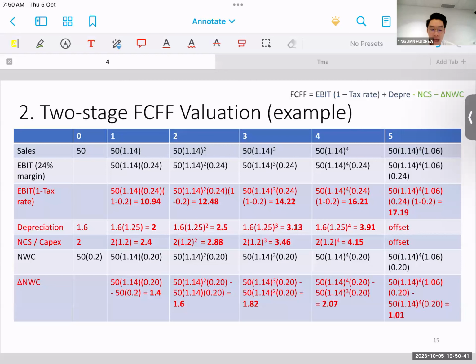You do not have to show all the workings here, but you need to make sure that in case the marker needs to see where you went wrong, they know how to derive your working, right? So for the finals, I'm not sure whether I'll be marking your paper. So it really depends on the marker, right? So you need to really be able to show the marker, if your working is wrong, how you derive it so that he can give you better marks.